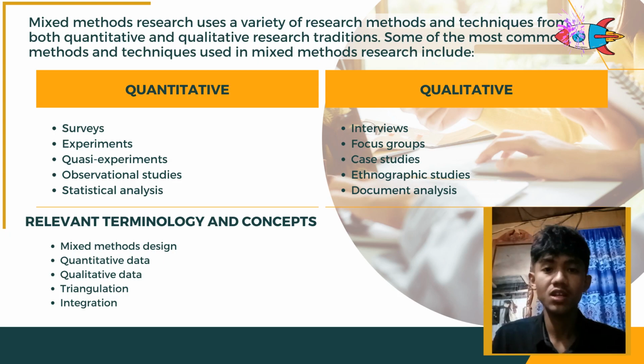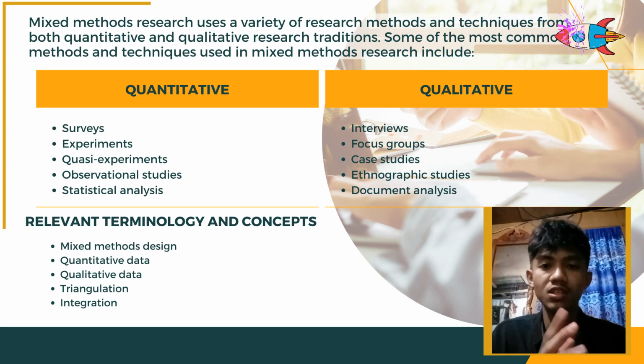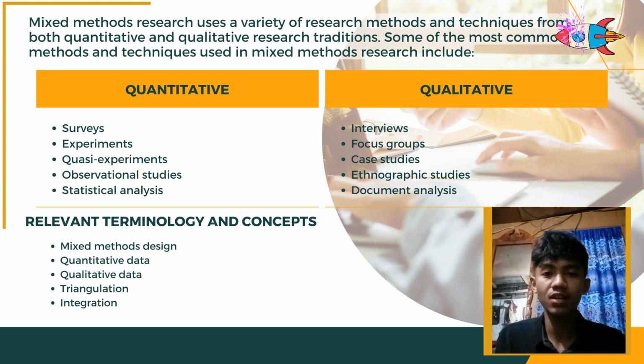The researcher would analyze the qualitative and quantitative data separately. Once the data had been analyzed, the researcher would integrate the findings from the two data sets to provide a more comprehensive understanding of the factors that contribute to student success in the online learning course.